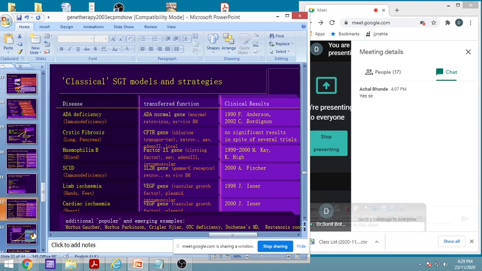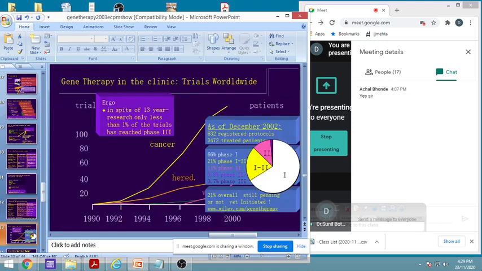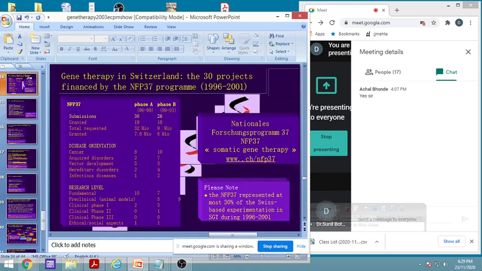Many studies were conducted, but so far there are no big results. The success is limited. The studies started somewhere in 1990, and they are now reaching towards a peak and picking up. So various studies are going on at various places.